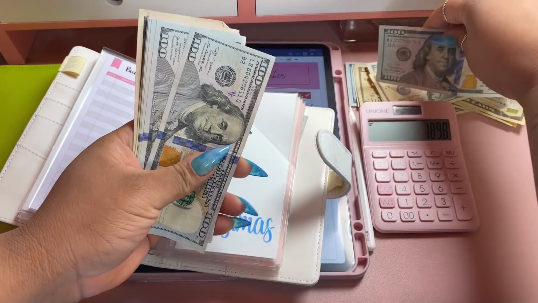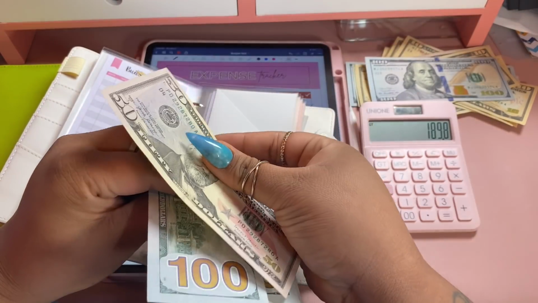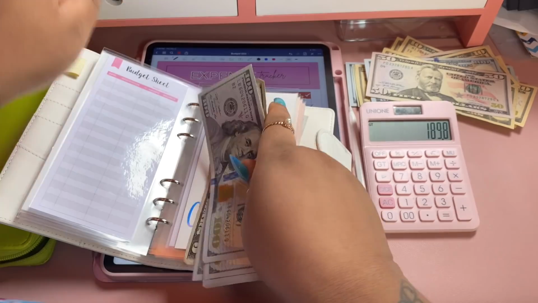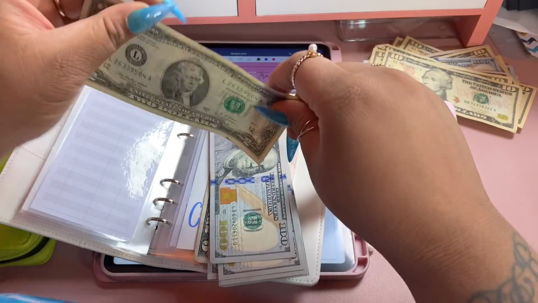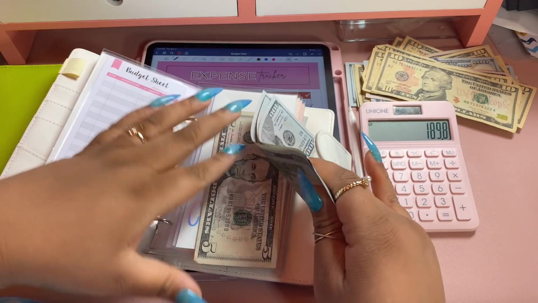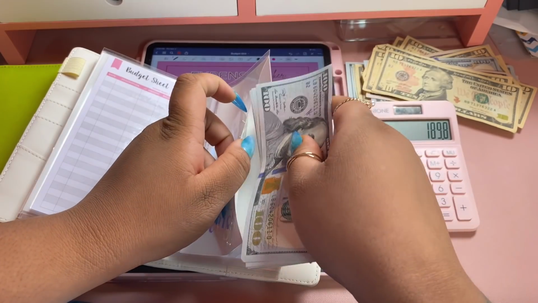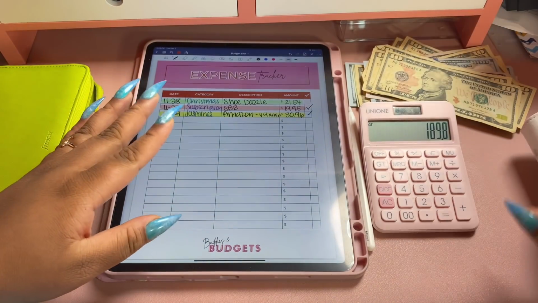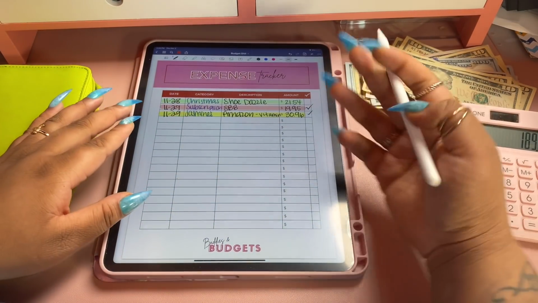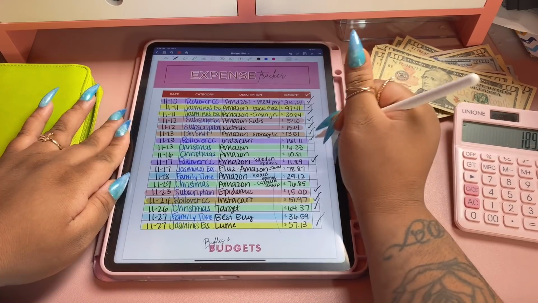So there's 100, and 50, 60, 70, 80, 90 from my extra money. So we're good there, just because I don't want to have to break these hundreds, and that money needs to go in there anyway. So okay, there's our Christmas fund.